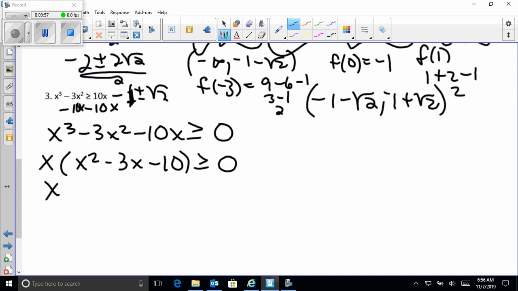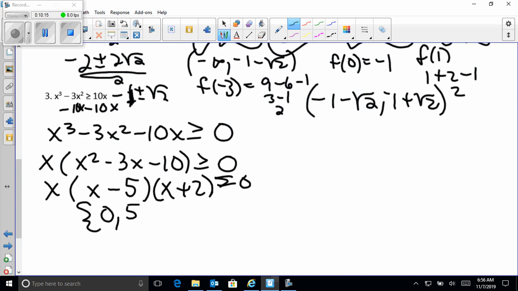Then I want to factor this: x minus 5, and x plus 2. And we'll set it equal to 0 and solve. So we're looking for 0, 5, and -2.